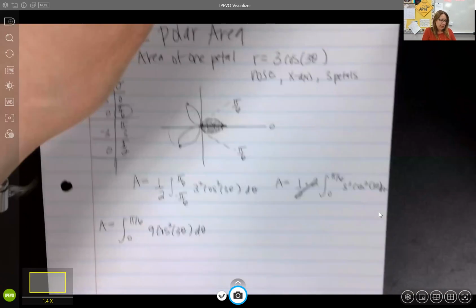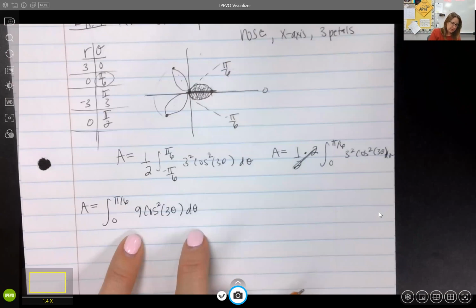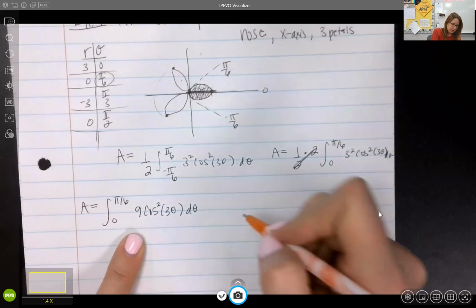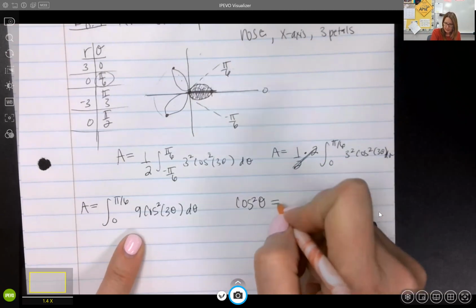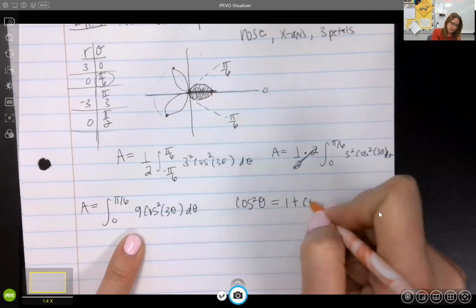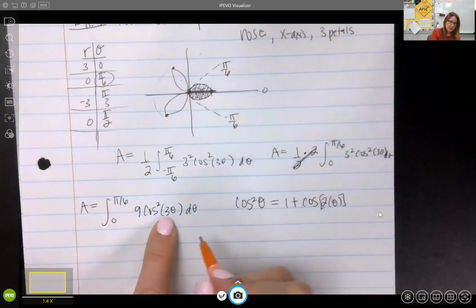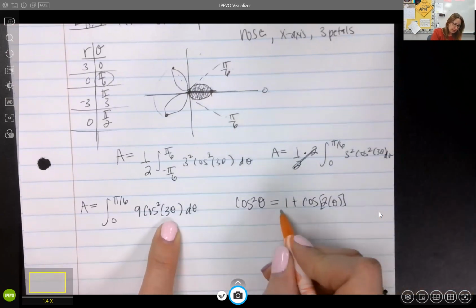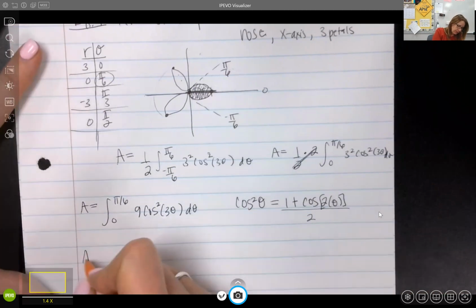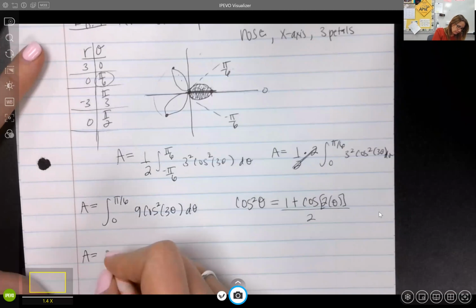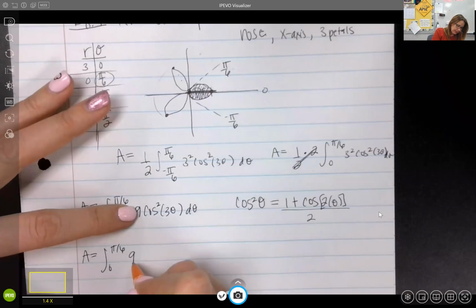So if I can use a calculator, I can just plug that right in and get my area. But if I have to do this by hand, I have to use an identity that tells me that the cosine squared is equal to 1 plus the cosine of 2 times that angle, whatever this was, is going to double. And then the whole thing is divided by 2. Okay, so if I replace that, then I'm going to have 9, and then 9 is going to multiply.